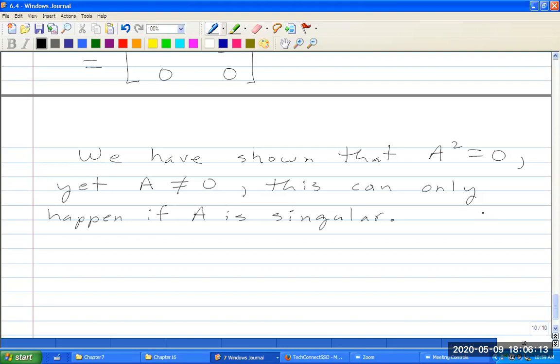So notice that what that means is that you don't even have cancellation.